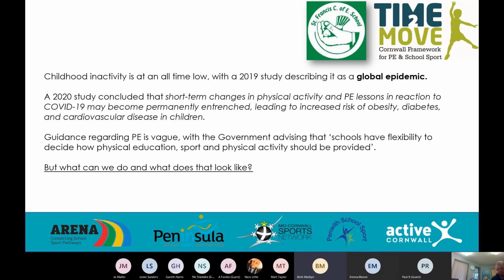So as I'm sure all of you know, and as was highlighted this morning, the guidance surrounding PE is so vague, and I think it is just how we interpret it in our own schools and how we are able to implement it. I am very lucky, alongside Joe and Paul, we have a large school, so we are likely to have larger areas than some schools that are 1 form or even smaller.